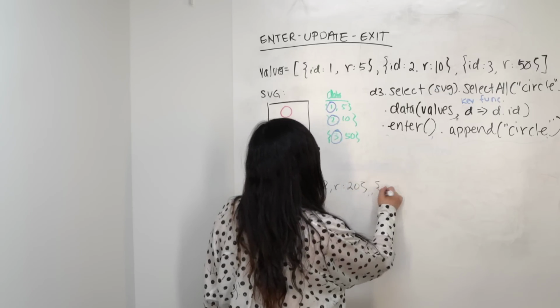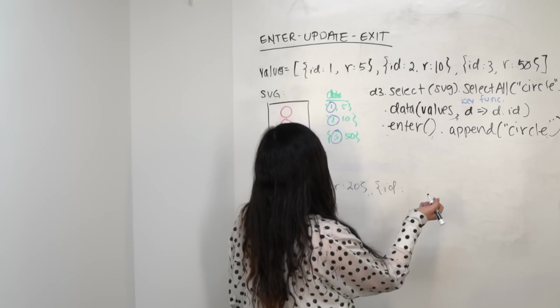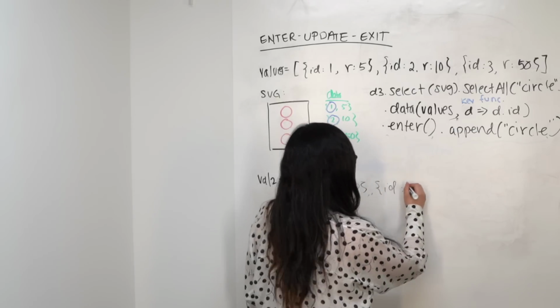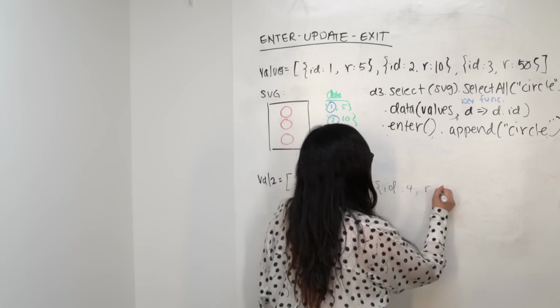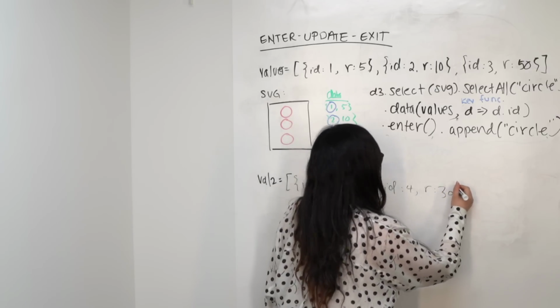And then we have a new thing, ID 4, with a radius of 30. I am making all of this up.